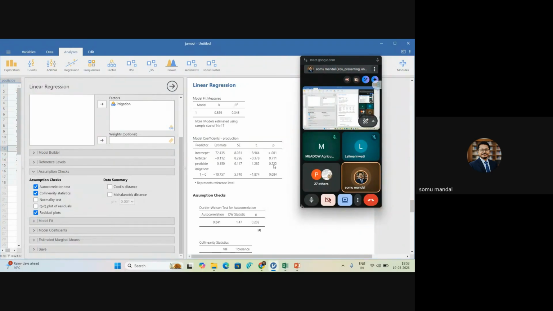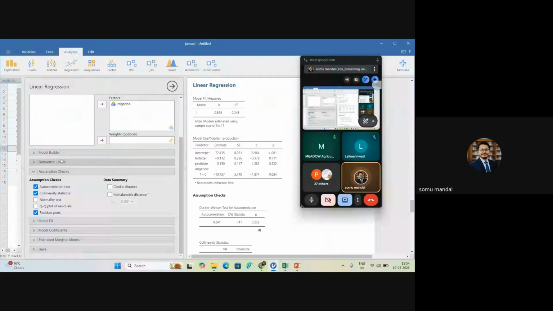That's why the coefficient of determination is 0.346, 35% only, because only the irrigation has a statistically significant contribution. Look at the coefficient value with respect to the reference. If you irrigate, the production nature is different.